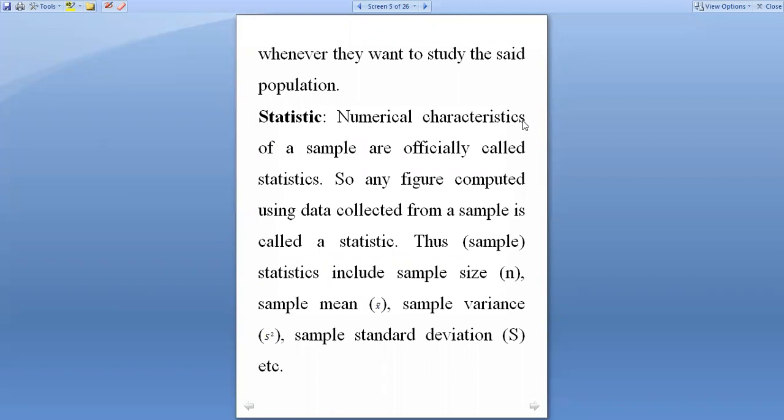Statistics is the entire process. Literally, statistic is a subset of statistics.